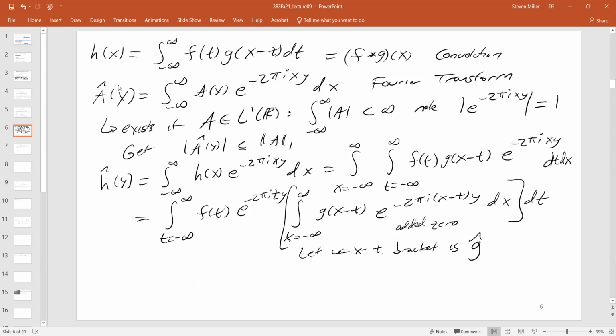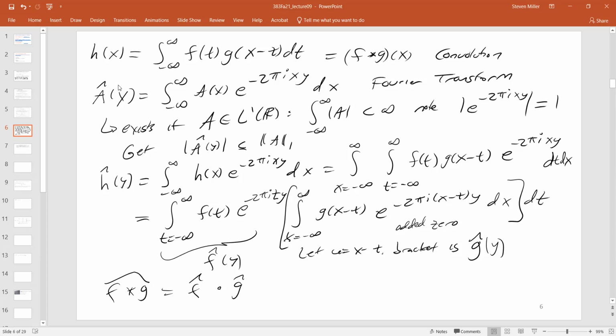You might be unable to read my handwriting. G hat of y. And what's this piece now? F hat of y. So if we have f star g, that's f hat times g hat. The Fourier transform of a convolution is the product of the Fourier transforms.